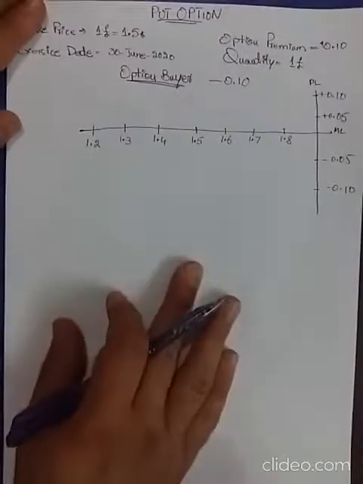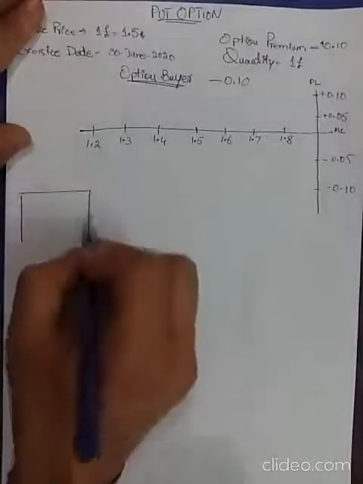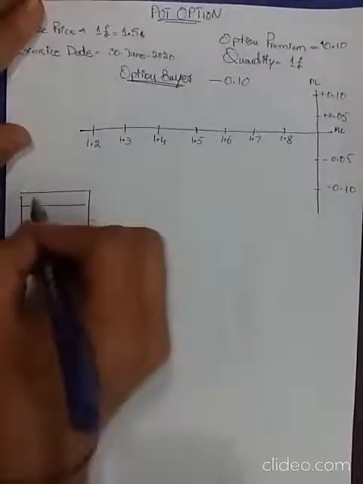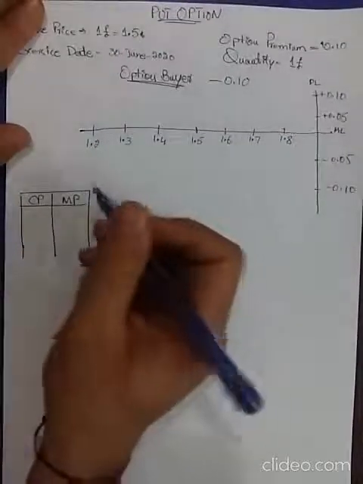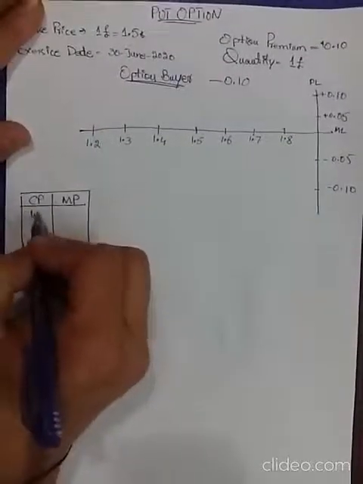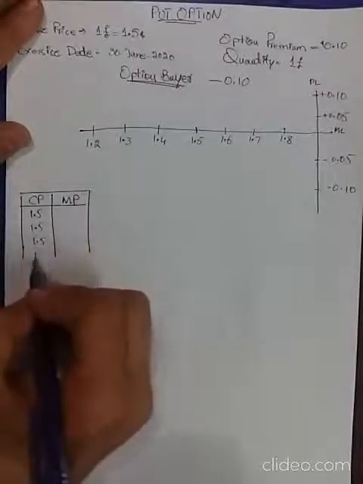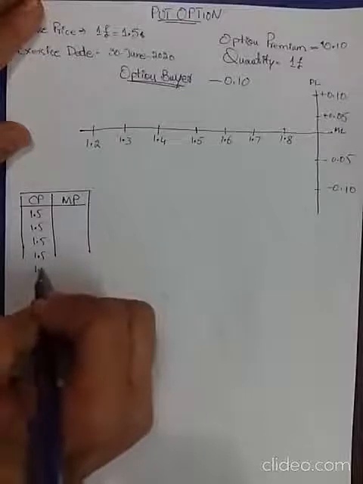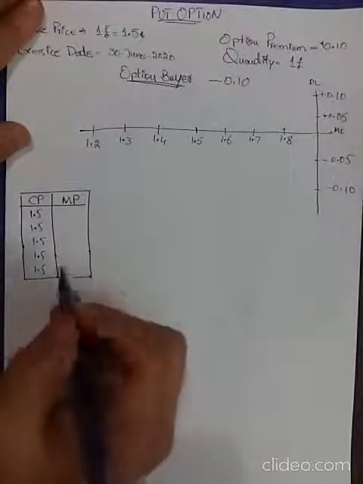Now let's compare market prices and contract prices. You know that the contract price always remains the same. Our contract price is 1.5, and it will remain 1.5 no matter what the price in the market is. That's why we signed the contract, to fix the price.